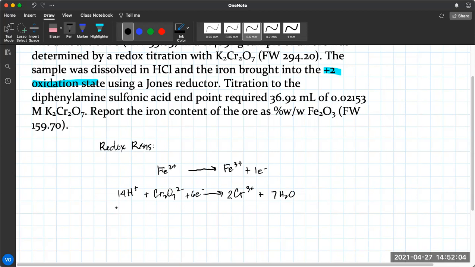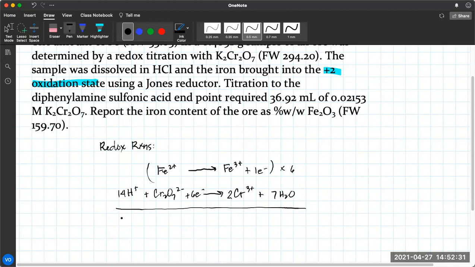Okay. So again, the next step is to add the 2 reactions, but we need to balance the total number of electrons: the number of electrons lost should be equal to the number of electrons gained. So we multiply this by 6.